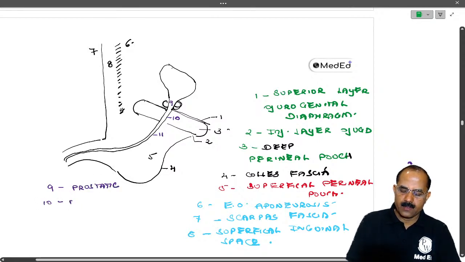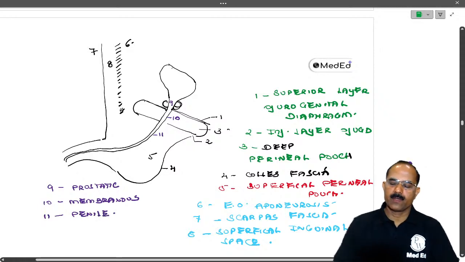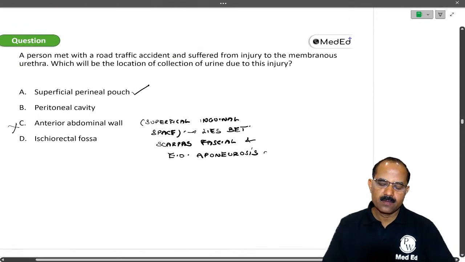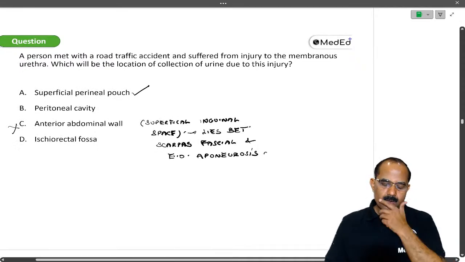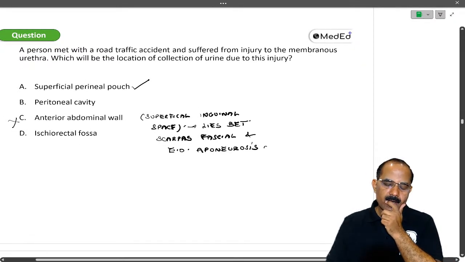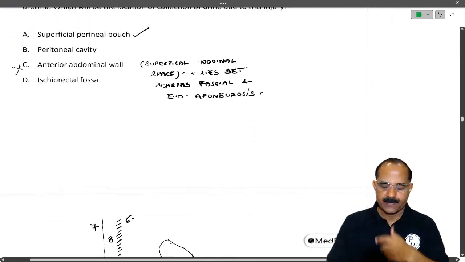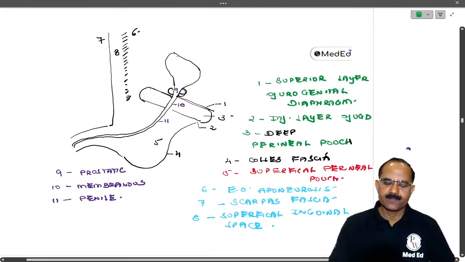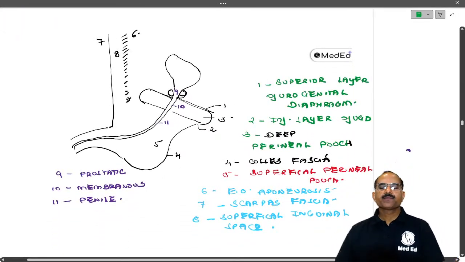Number 10 is membranous urethra. And number 11 is penile urethra. एक मिनट, what was the question there? Membranous urethra. Okay, वो थोड़ा गलत है, गलत क्वेश्चन है, ठीक है.